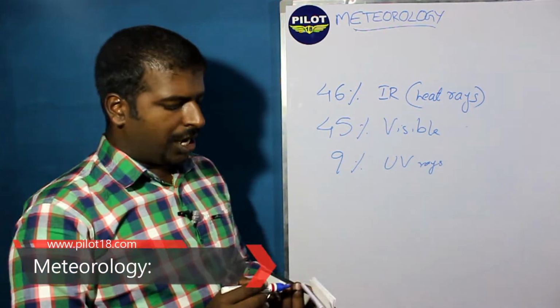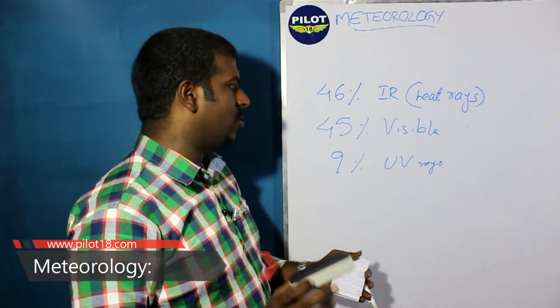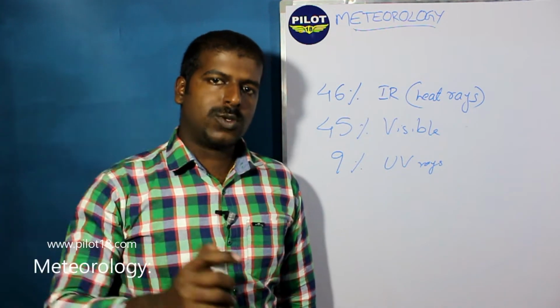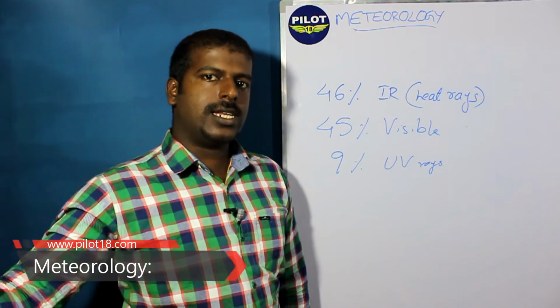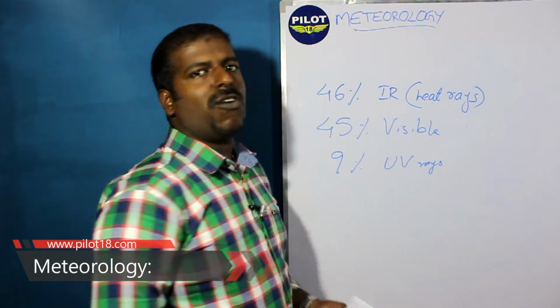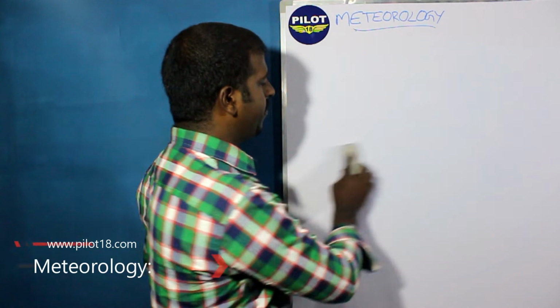Remember, UV rays or ultraviolet rays are harmful to skin and can cause skin cancer also. And IR rays are heat rays. That is the rays which cause transmission of heat from sun to earth. Okay, and this is in the form of short waves from sun to earth.